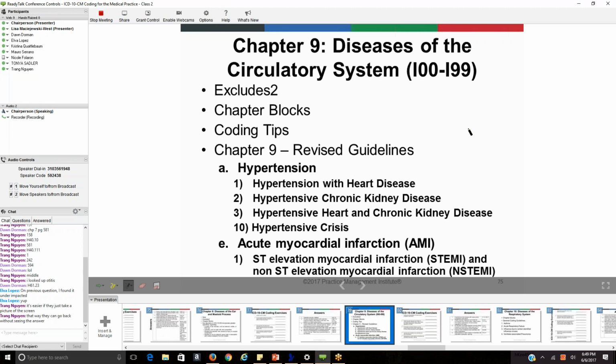Coding tips. This is at the bottom of page 59 of your workbook. When a causal relationship is stated, so due to hypertension, or implied in the medical record like hypertensive, the coder is to assign heart conditions to I-50 point hypertension due to.